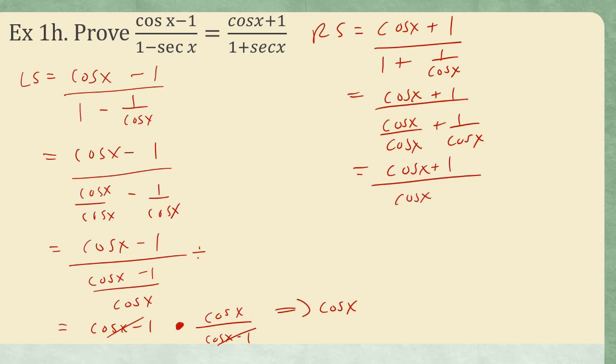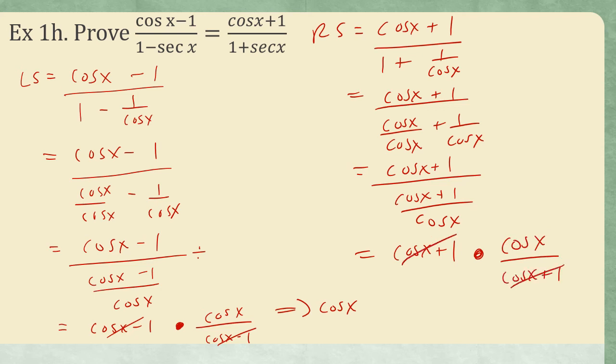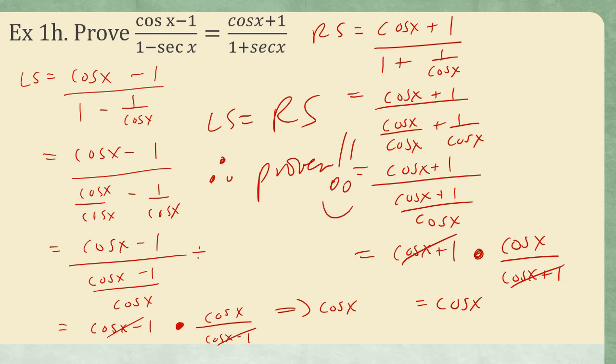Invert and multiply. Flip that second fraction. Same on top and bottom, they cancel. You're left with cos x. Whew, that was a good one. Left side equals right side. Therefore, proven. We are geniuses.